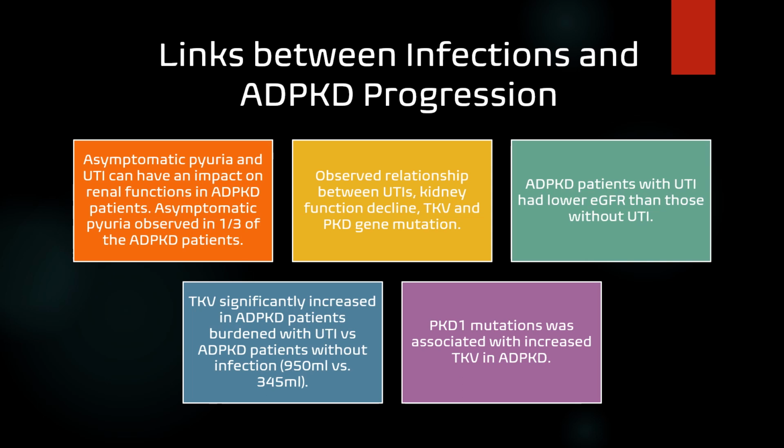And the difference in total kidney volume can be anything between, at the higher end, 950 mils, and at the lower end 345 mils, relating to ADPKD and infections aligned with TKV.